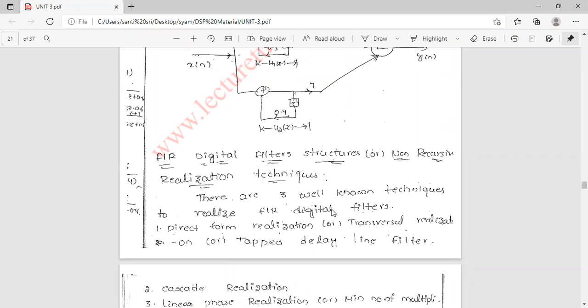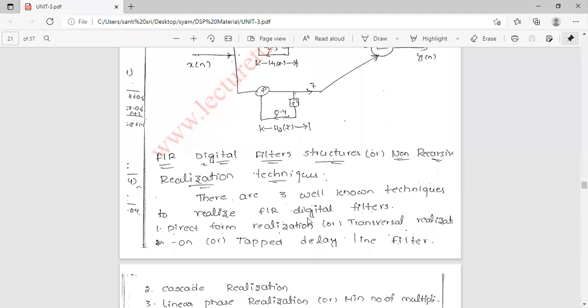There are three well-known techniques to realize FIR digital filters. What are those three techniques?